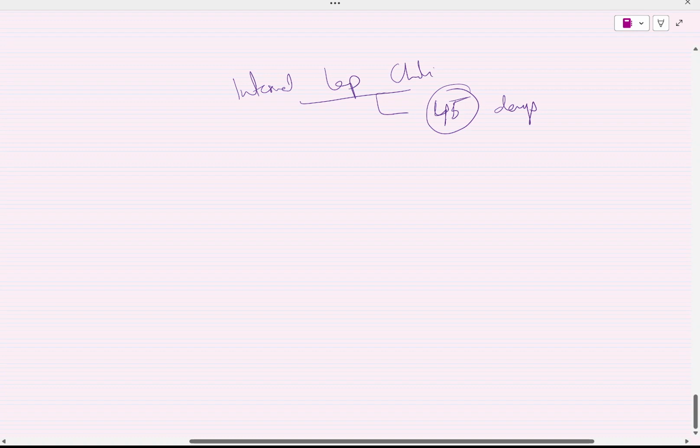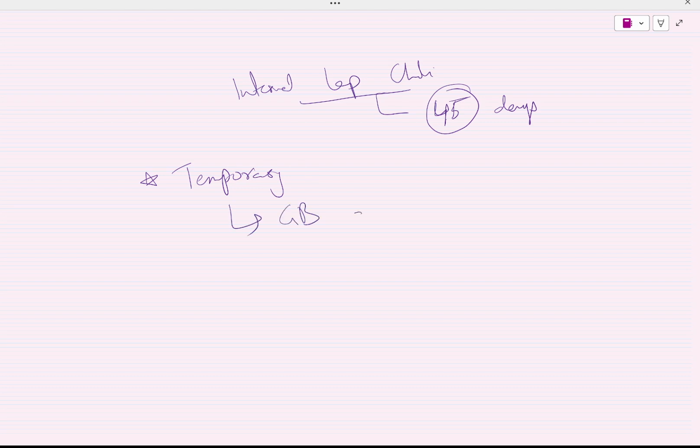So what is the next option we use in grade 2 and grade 3? A patient of high surgical risk of grade 2 or 3 comes to you, you provide temporary management. What is temporary management? We discussed gallbladder drainage.